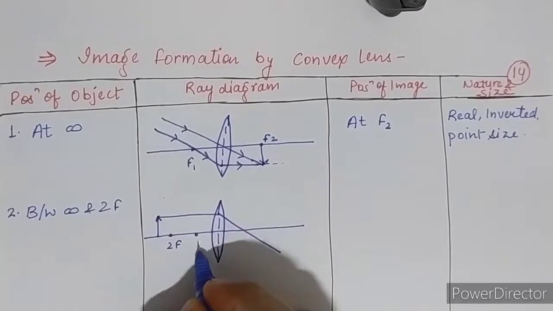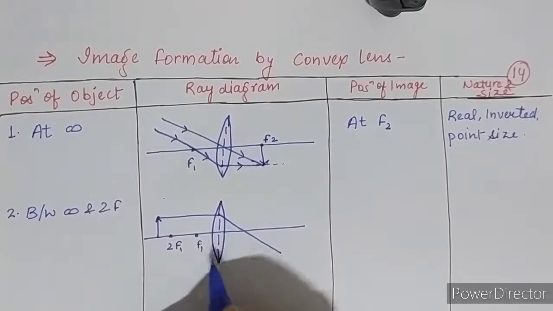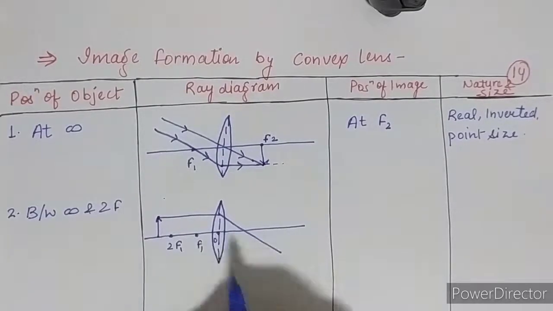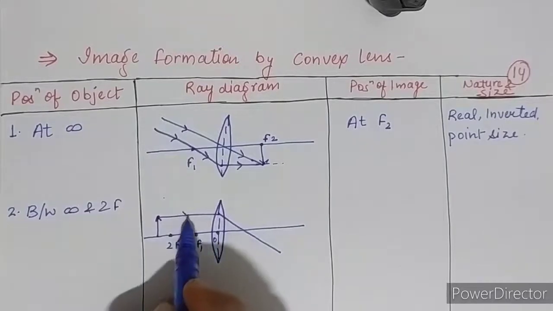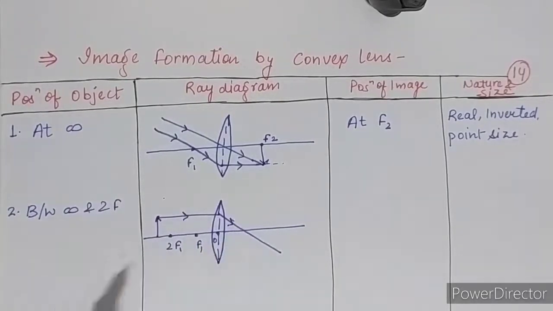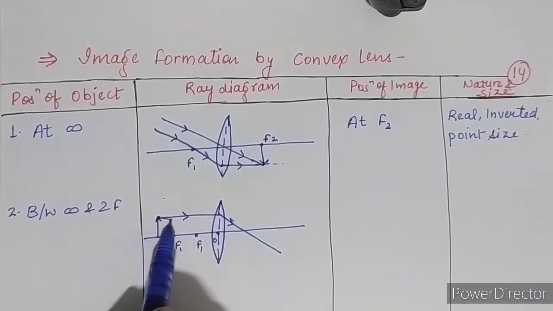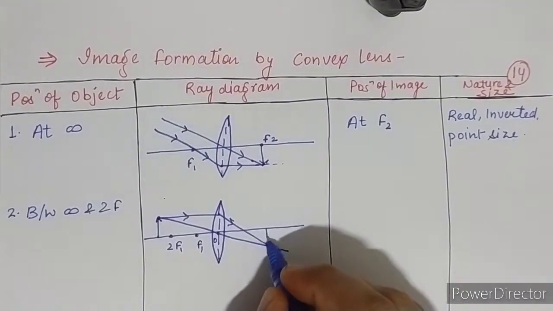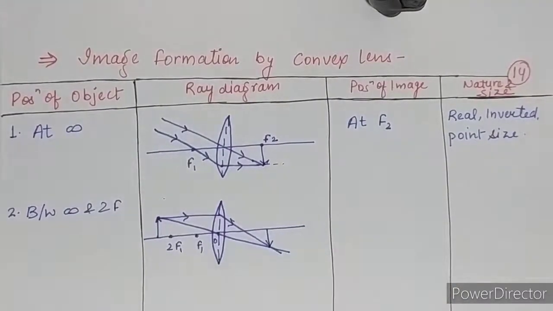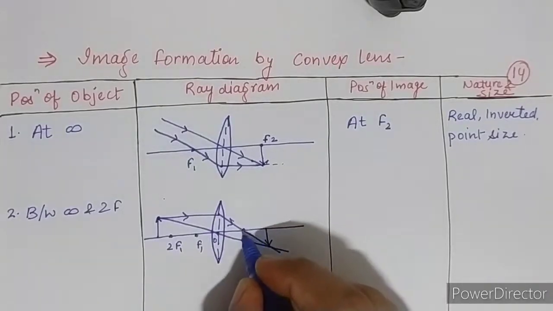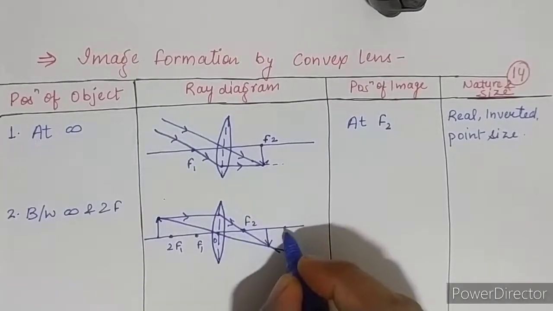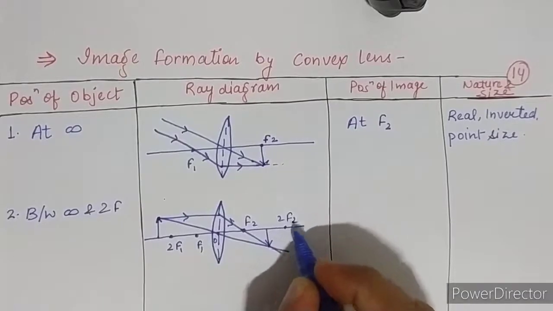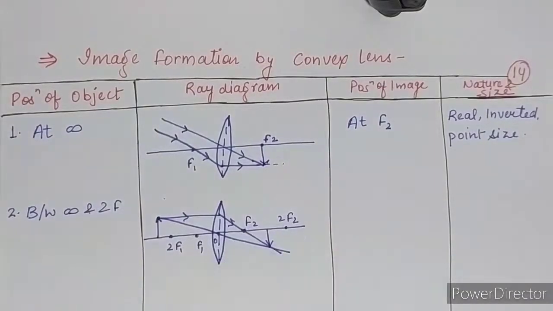Here this is 2F1, this is F1, this is the optical center O, and the ray passes through the focus F2. Second, the ray passes through the optical center, and the image is formed here. This is your F2, and the image has been formed between F2 and 2F2.